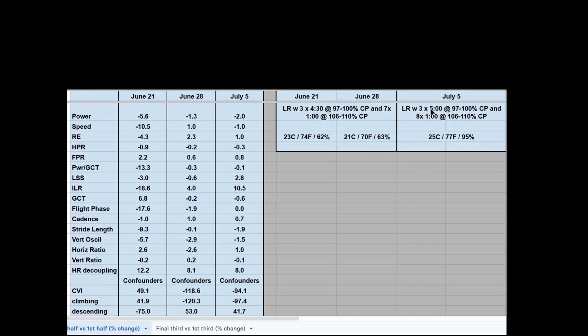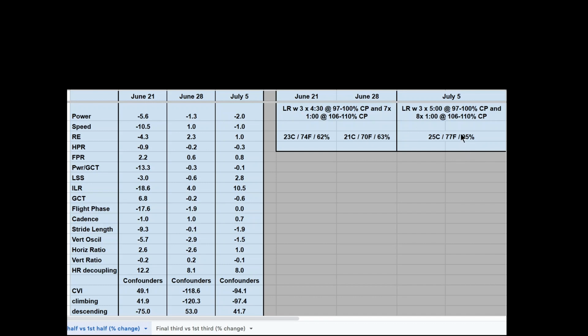So we bumped it to 3 times 5 minutes, 8 times 1 minute, and from 13 miles in these two to 14 miles on July 5th. Same prescription in terms of intensity, a little bit more intensity volume within the long run, and a little bit longer, 1 mile longer in terms of total distance. This was in a little bit tougher conditions than even the first two, sort of a warming trend.